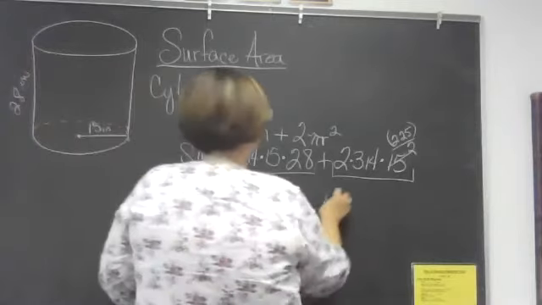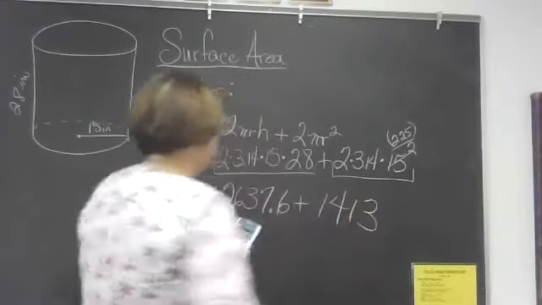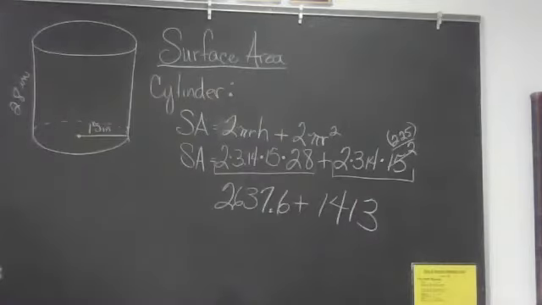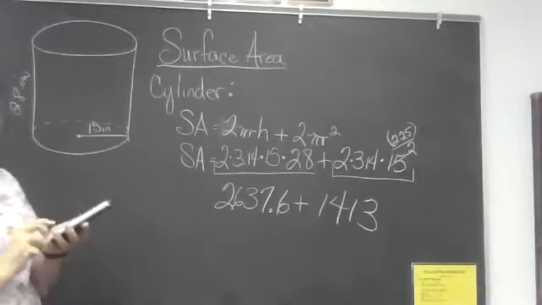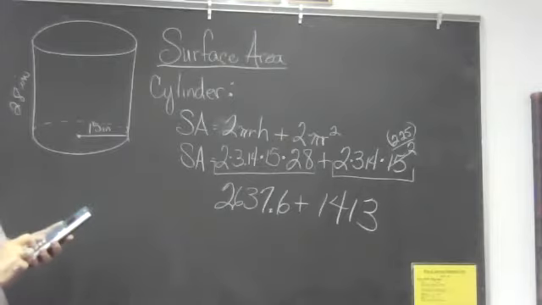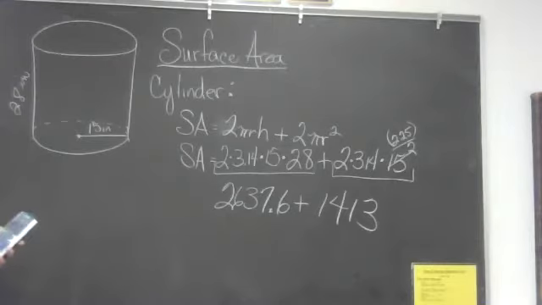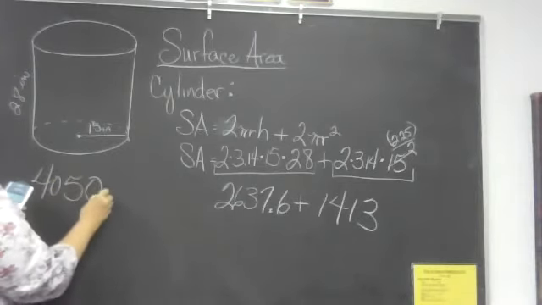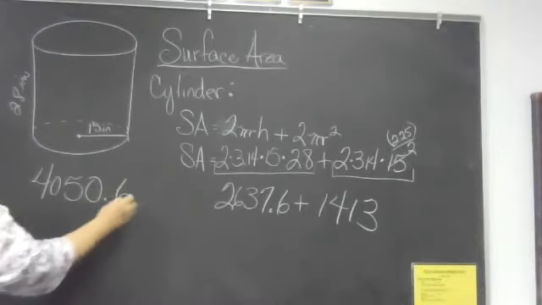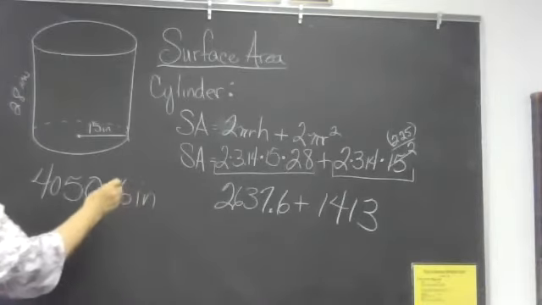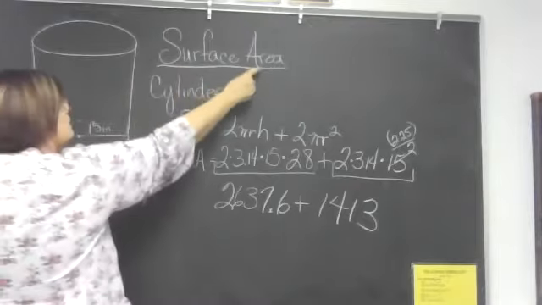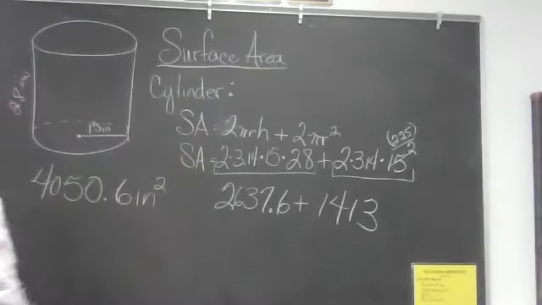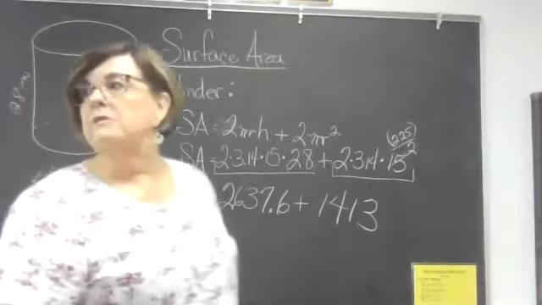So I have 1413, keep me honest, okay? Plus 2637.6. So the total surface area here would be 4050.6. The units are inches, and since it says area, it is always in square units. Is this what you got? Yeah.